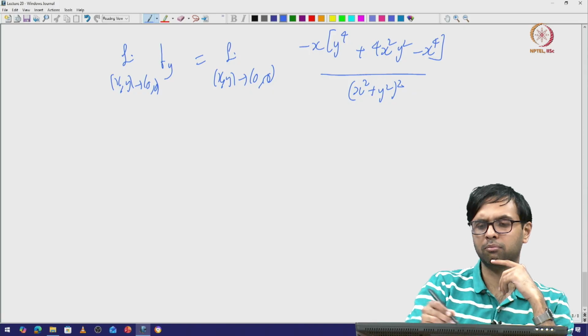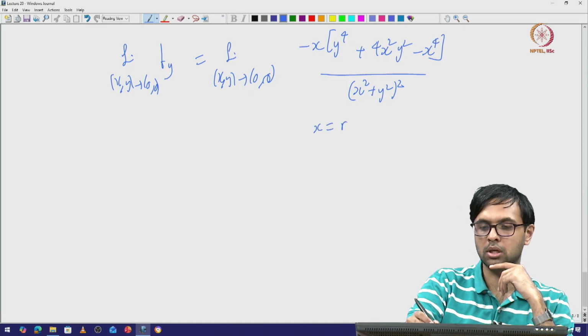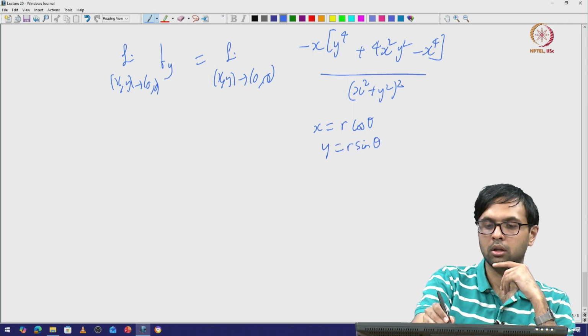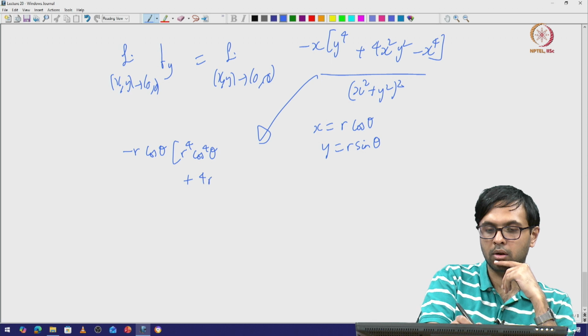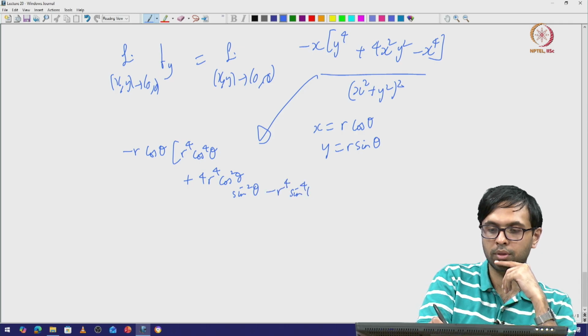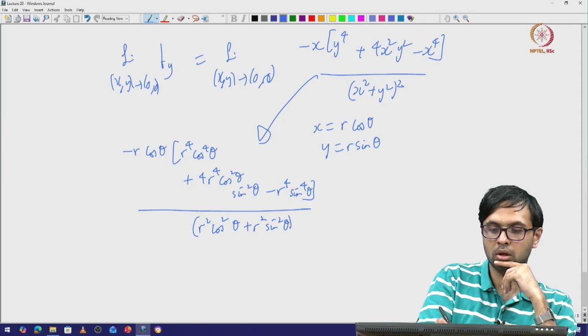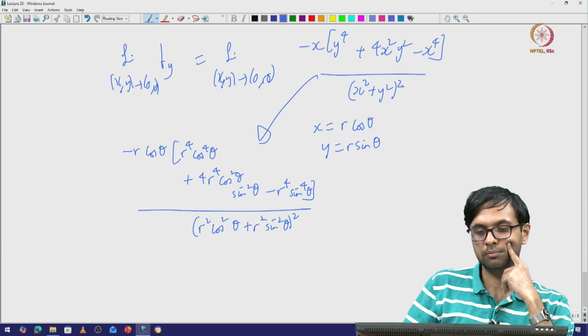This is not foolproof, but it works. So suppose I take x equals r cos theta, y equals r sin theta, right? And what's this equal to? This will be minus r cos theta, r raised to 4 cos raised to 4 theta, plus 4 r raised to 4 cos square theta sin square theta, minus r raised to 4 sin raised to 4 theta, divided by (r square cos square theta plus r square sin square theta) whole square, right?